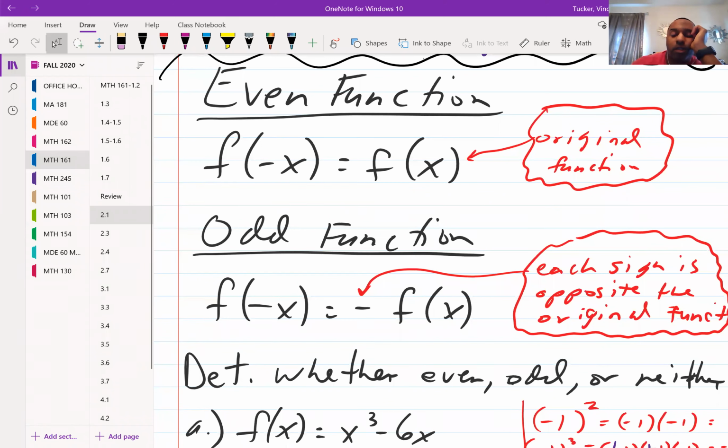Odd function, if you plug negative x into your function and it gives you the opposite sign of your original function, each term in your function now has the opposite sign than the original function, then it's considered odd. All right, so that's how we would determine if we have even functions versus an odd function. Once again, when you plug in negative x, when you simplify it, if it gives you your original function, then it is even. If you plug it in and each one of your signs are opposite the original function, then it is odd.